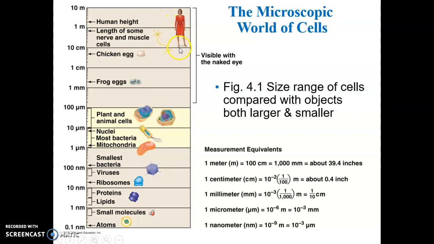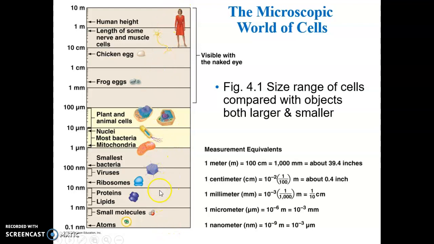The reason you can wiggle your toes or feel something tickling your toes is because you have nerve cells that come out of the spinal cord at the base of the spinal column and go all the way down through your legs and innervate your muscles and the skin on your feet. And then some muscles are pretty long, like the muscles in your thighs. They go from your hips all the way down to your knees. And then human height, we're over 1 meter tall on average. So bigger things all the way to small microscopic things.